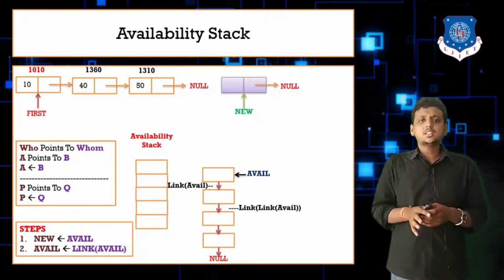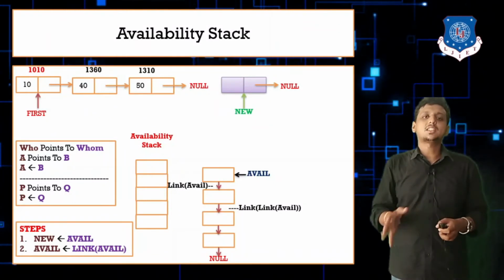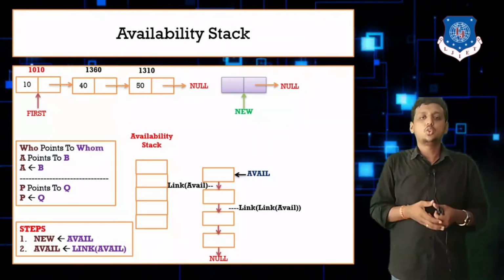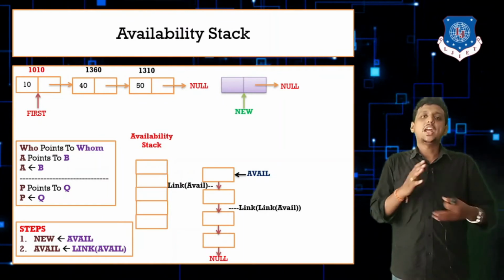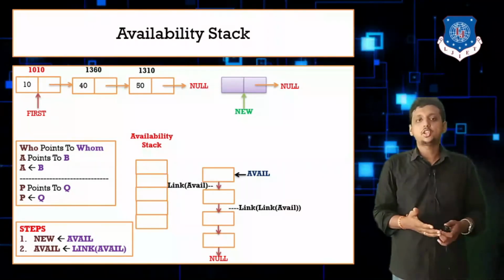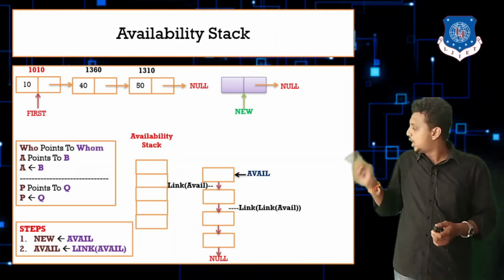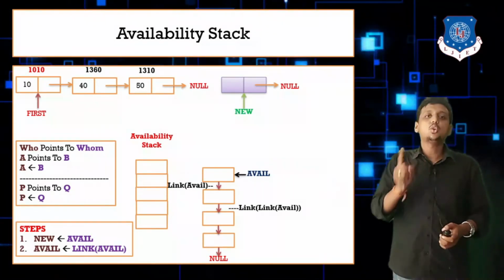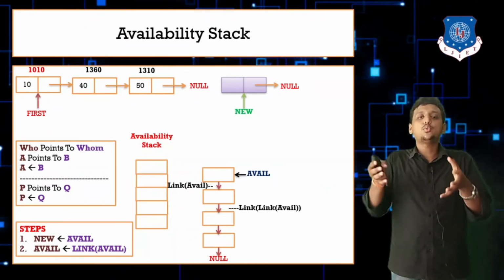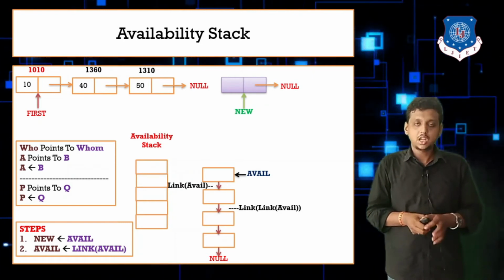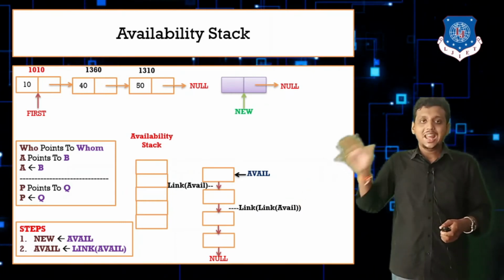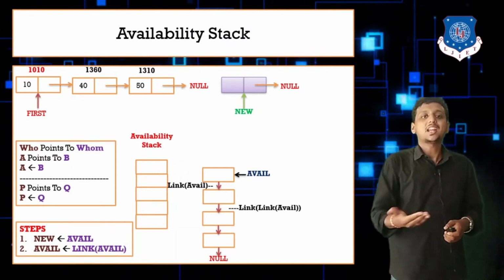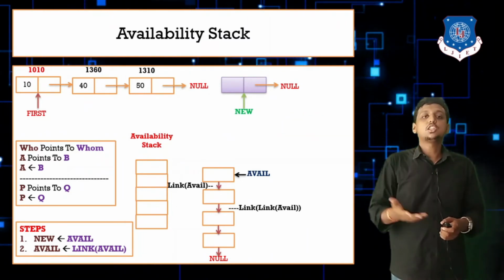So like this, you can use the availability stack to take your very first node of the linked list. Okay. So whenever you want to perform any insertion operation, you have to do this. You have to write new arrow avail and avail arrow link of avail to take the node from the availability stack.